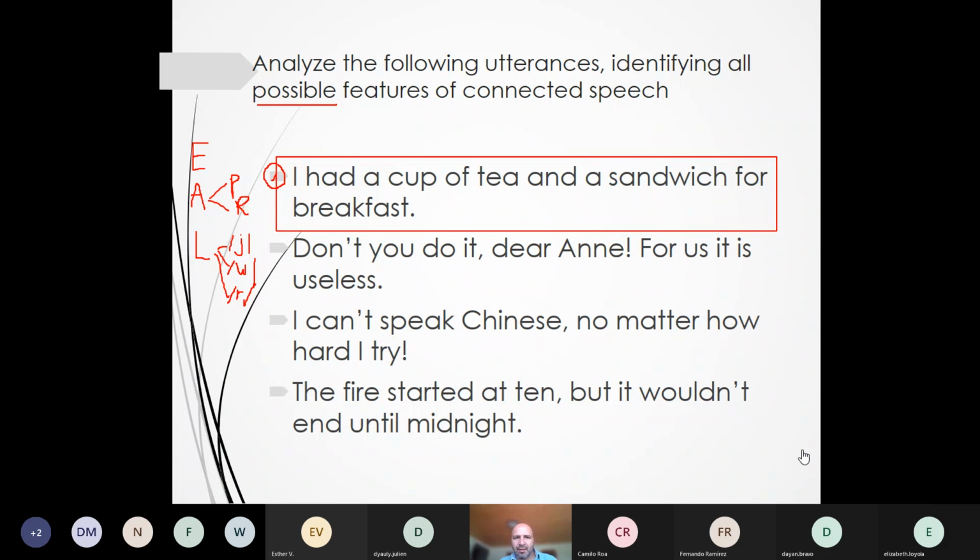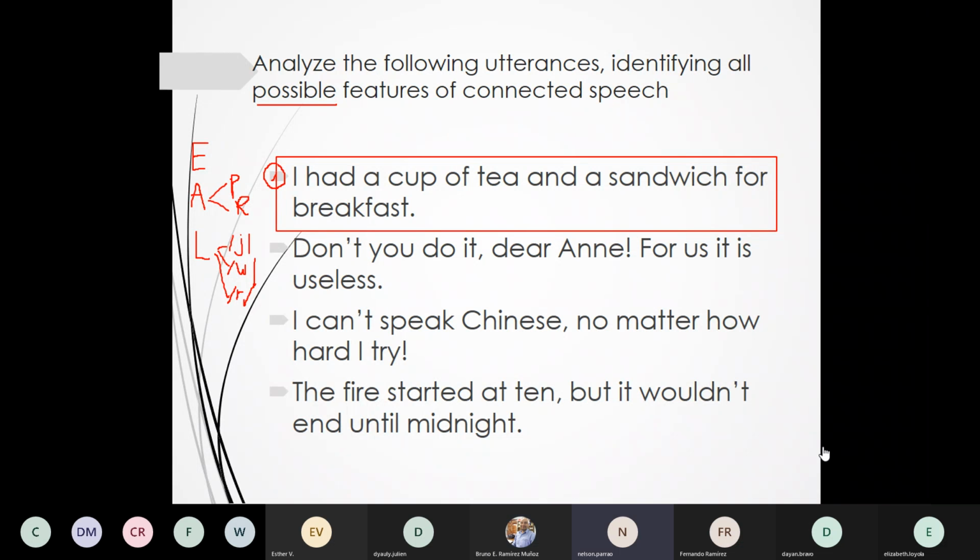All right, then. Do you think we can take a look at the first one? I find sandwich. Okay, sandwich. So what about sandwich? Can you elaborate it a little bit?